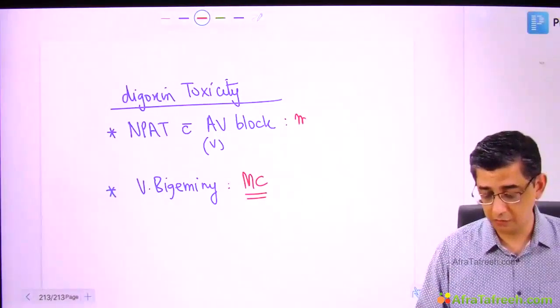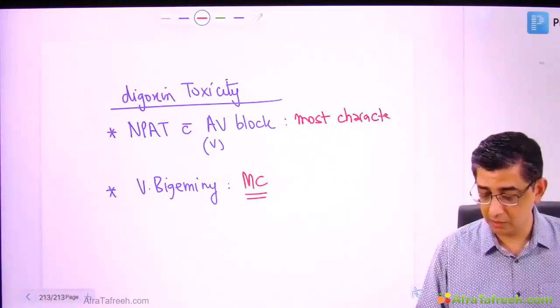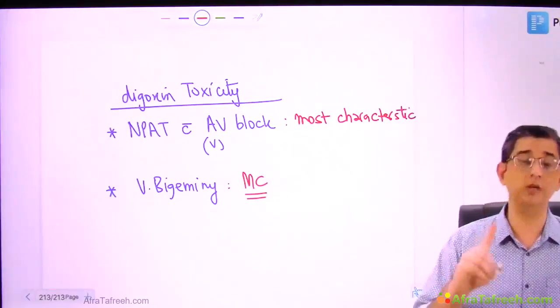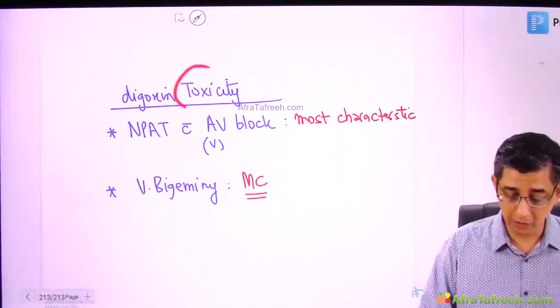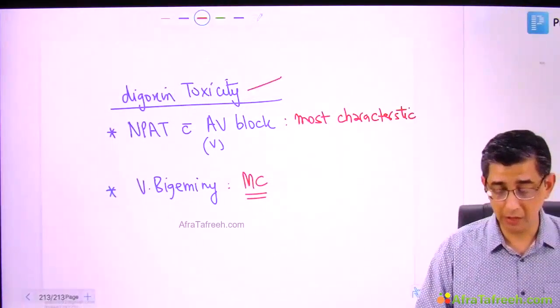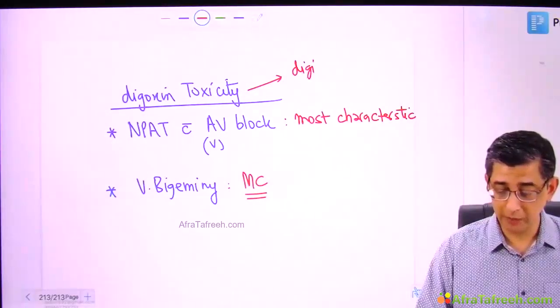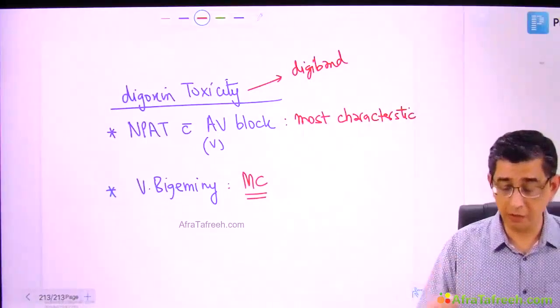If he says which of the following arrhythmias is most characteristic of digoxin toxicity, then your answer would be non-paroxysmal atrial tachycardia with AV block. Both of these aspects are valid for the toxicity component. How do you handle digoxin toxicity? Well, you can be using digiband, right? So please read the question very carefully, because you are using FAB antibodies for toxicity.